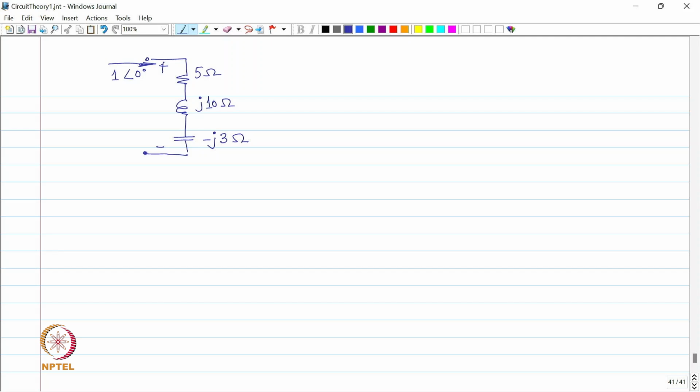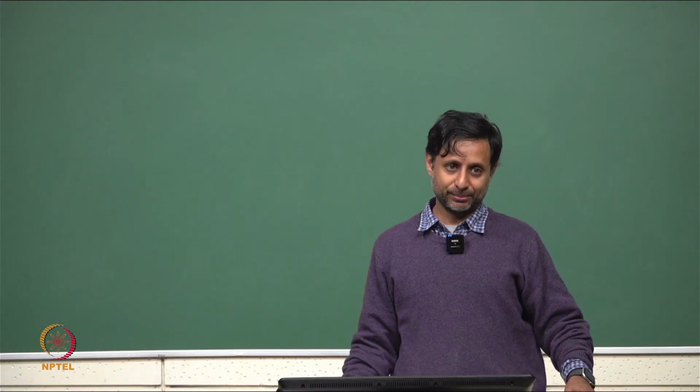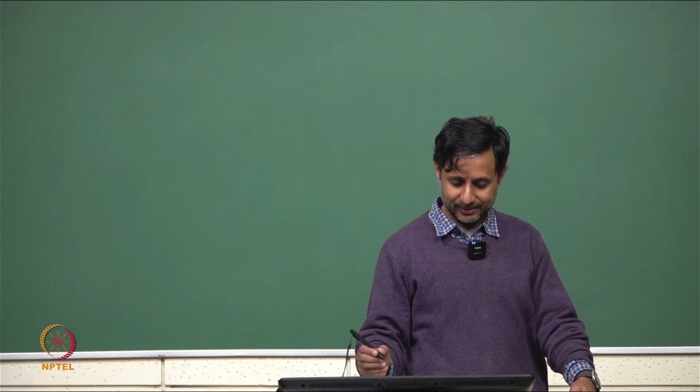These three are in series, 5 plus j10 minus j3 is equal to 5 plus j7. So, it is 5 plus j7 into 1 angle 0 degrees, that is the answer. But nevertheless, let us look at it graphically and see what happens. Sometimes graphs give us some intuition.